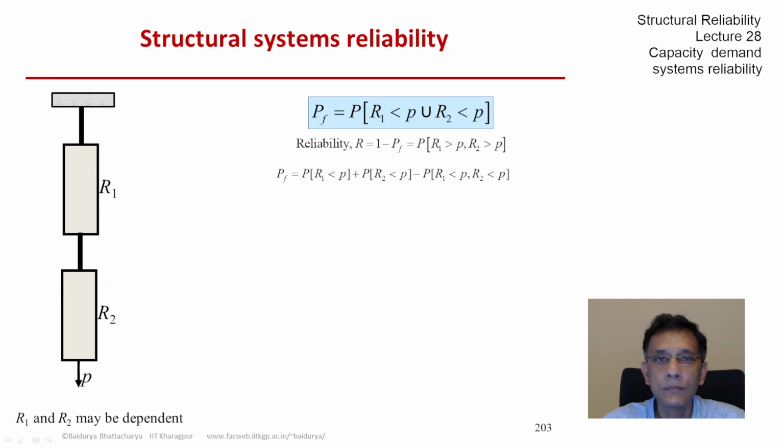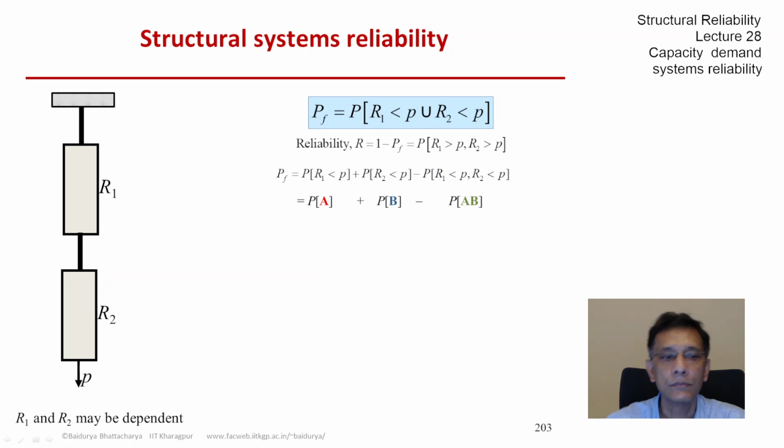So the two first order probabilities, which is R1 less than P and R2 less than P, they are not affected by dependence. They are basically their first order or marginal probabilities. So that is not of interest in this situation when we are discussing dependence. What is of interest is the intersection term which we are subtracting.